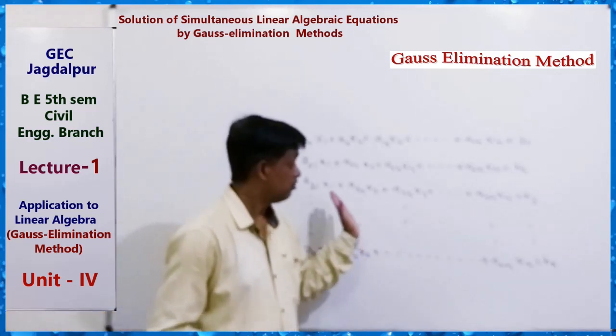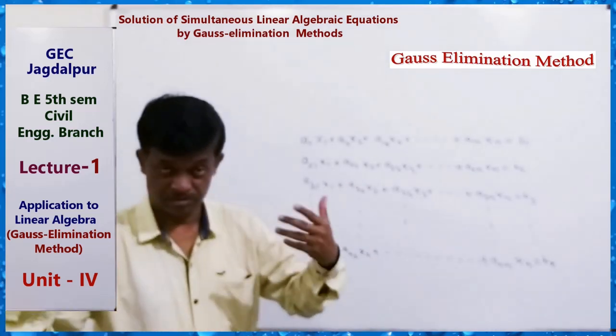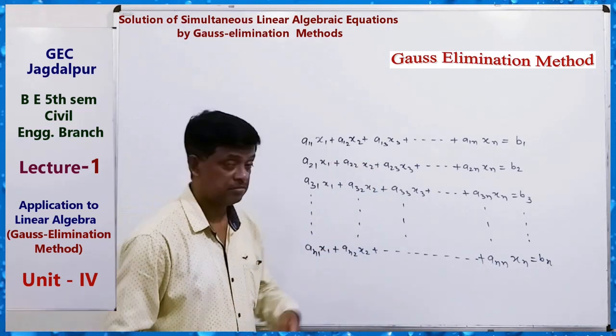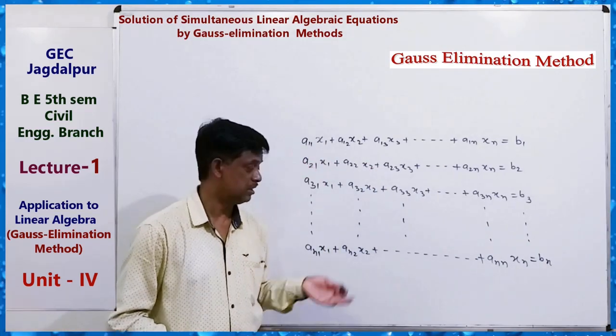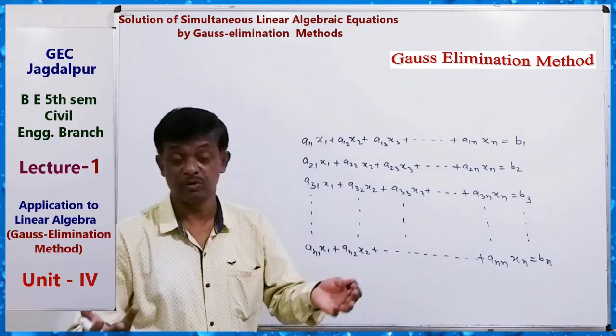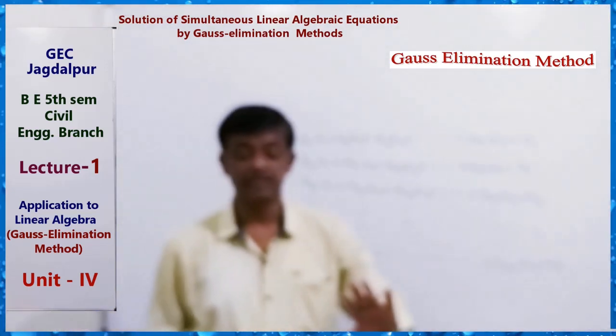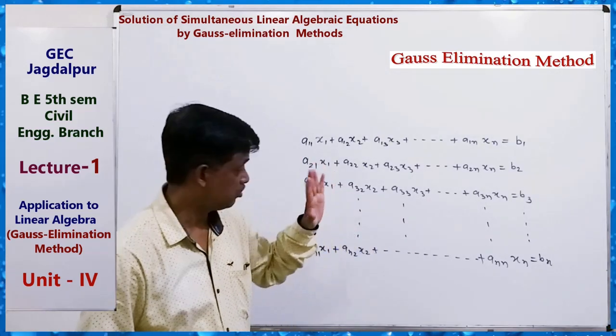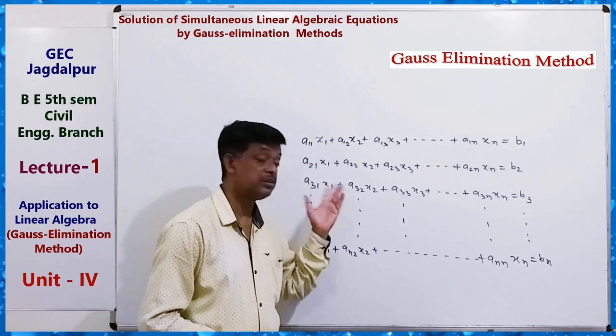When n is more than 3, the general method we know is very lengthy and tedious.